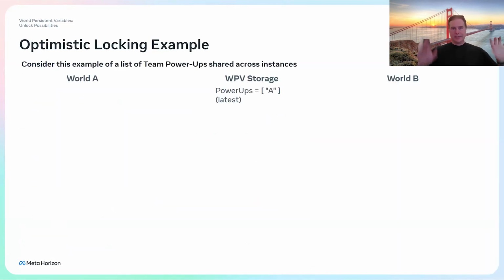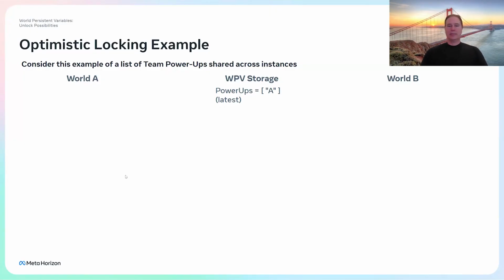So here's a step-by-step flow through an optimistic locking example. Say we have a team with a shared power-up list, with power-up A, power-up B and power-up C. The different teams, or maybe they're in different worlds, share the power-up list, and people in each world are adding new power-ups to the shared power-up list for their team.